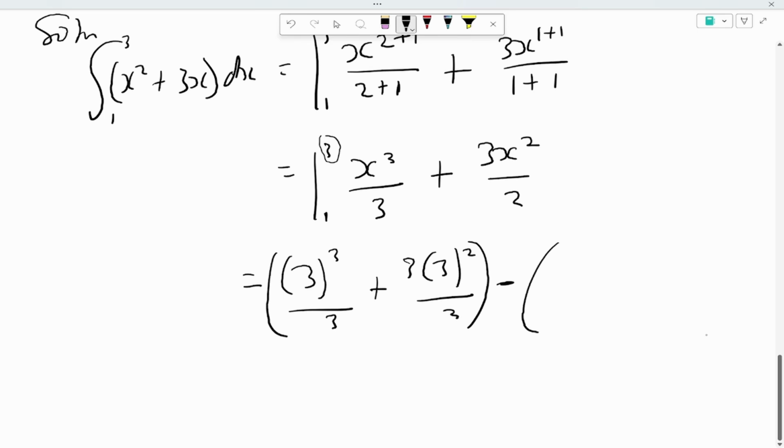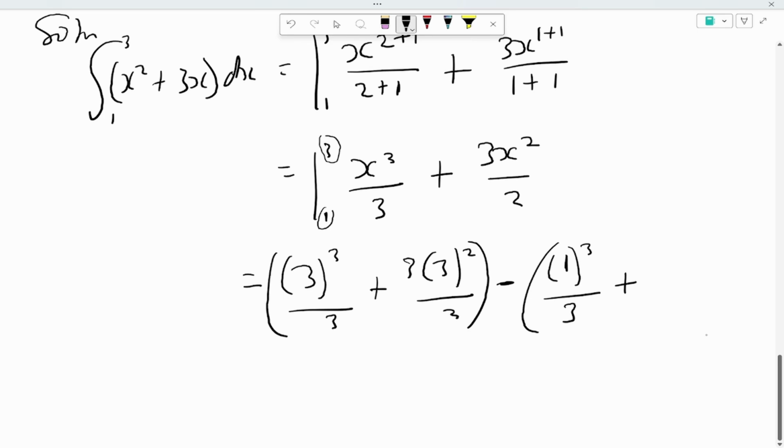Now the lower limit is 1. So you put 1 anywhere you see x, which is 1 raised to power 3 all over 3. You're still repeating this same function, but this time around replacing x with 1.